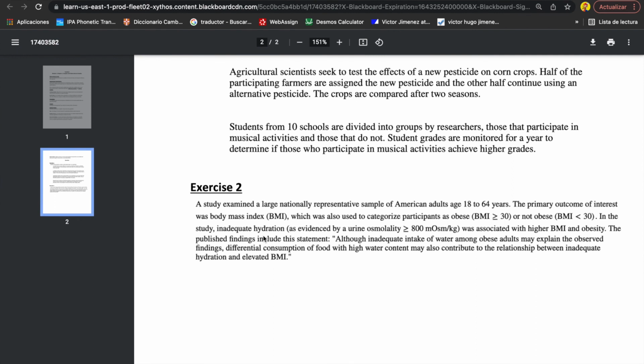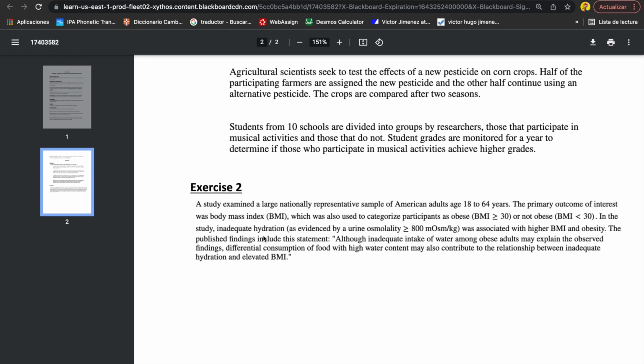It says a study examined a large nationally representative sample of American adults aged 18 to 64 years. The primary outcome of interest was body mass index, which was also used to categorize participants as obese or not obese. In the study, inadequate hydration was associated with higher BMI and obesity.